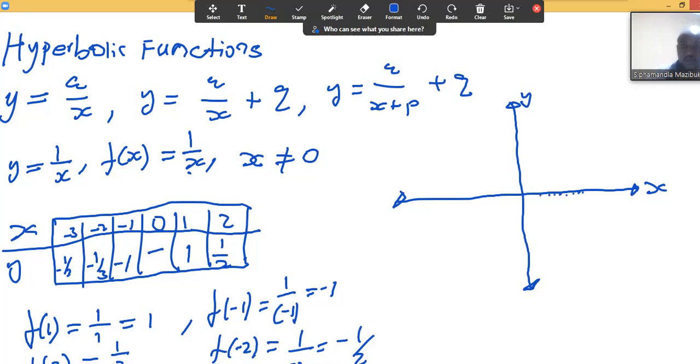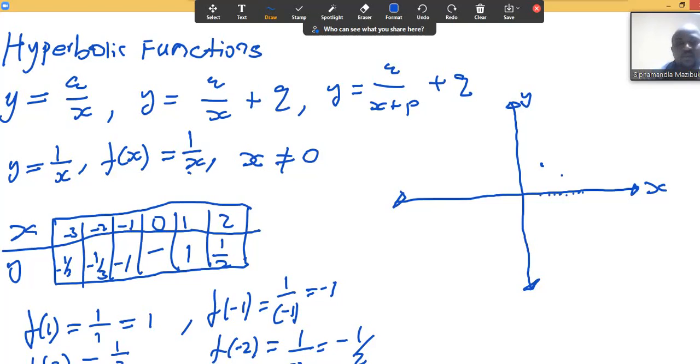But let's look at what we have. We have 1 is to 1, which will be here, and we have 2 is to half, which would be here.